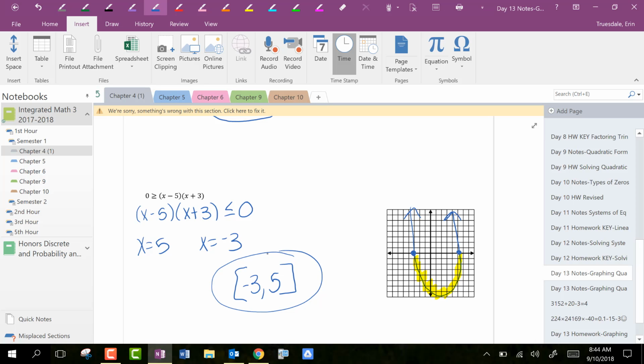Okay, so write yourself a little note. This equal sign is why it's a bracket. Less than or equal to 0. So you have to include the 5 and the -3 because that's where it's equal to 0. Questions?